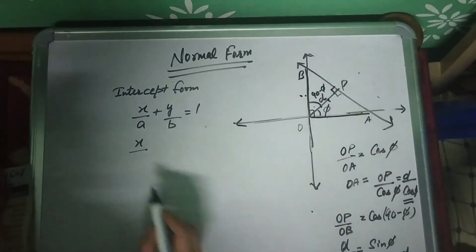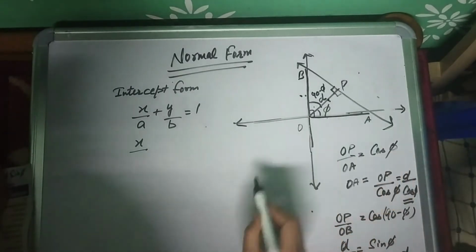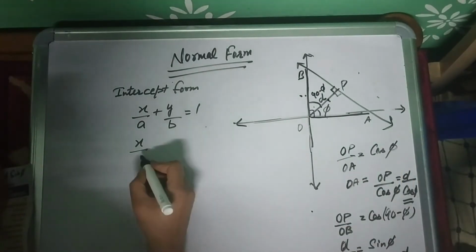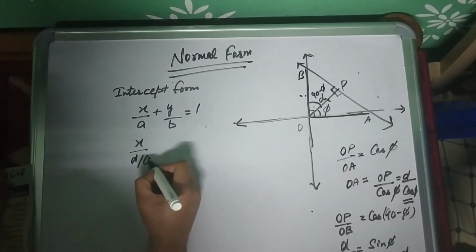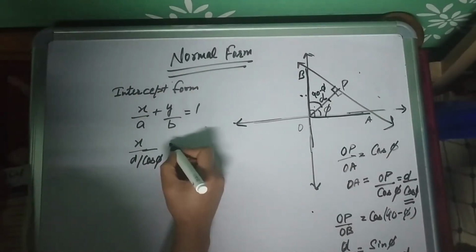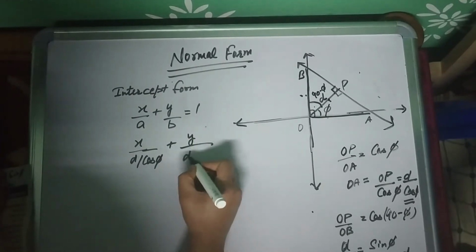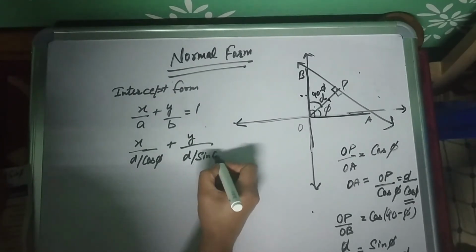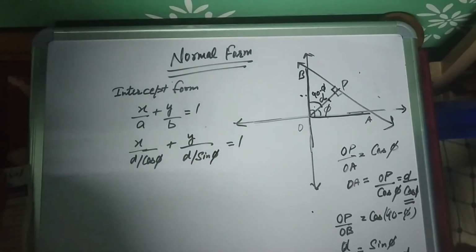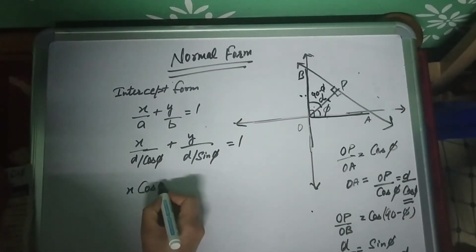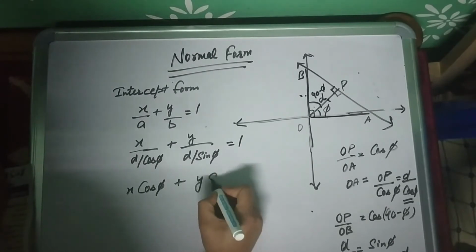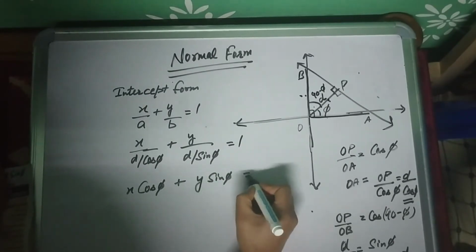So what is a? The x-intercept. So OA is d over cos phi, and b is d over sine phi, which is equal to 1. Which implies x cos phi plus y sine phi is equal to d.